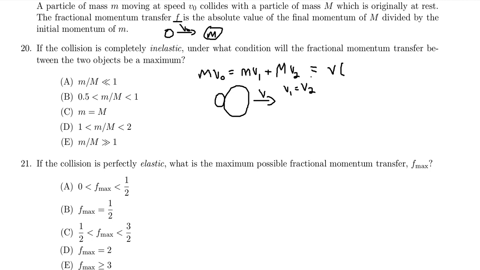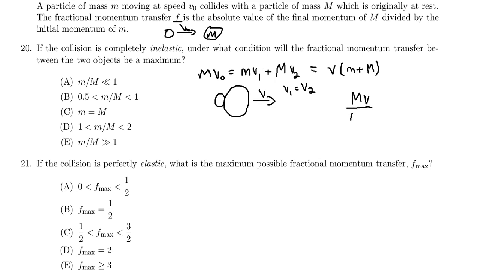So we know that m v0 is equal to v times (m plus big M). And this is the momentum of the system, because the momentum of big M is 0 initially, but the momentum of big M after the collision is just big M v.